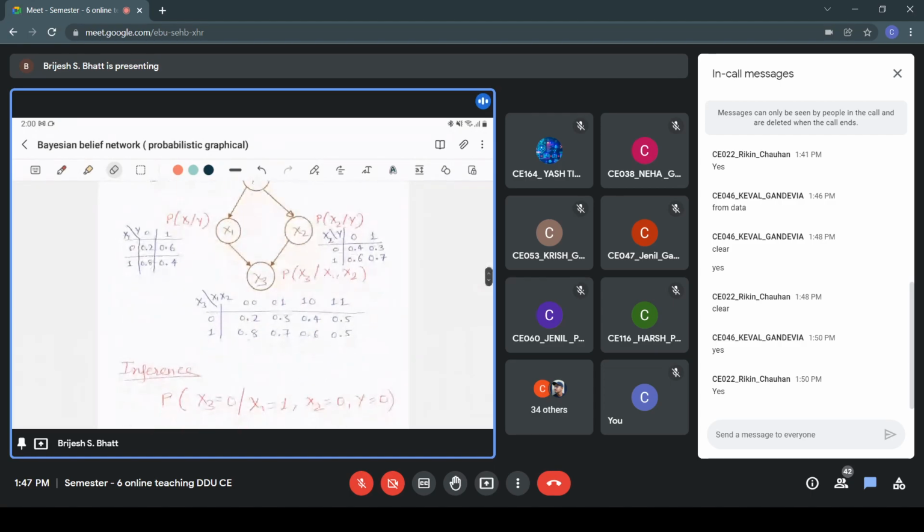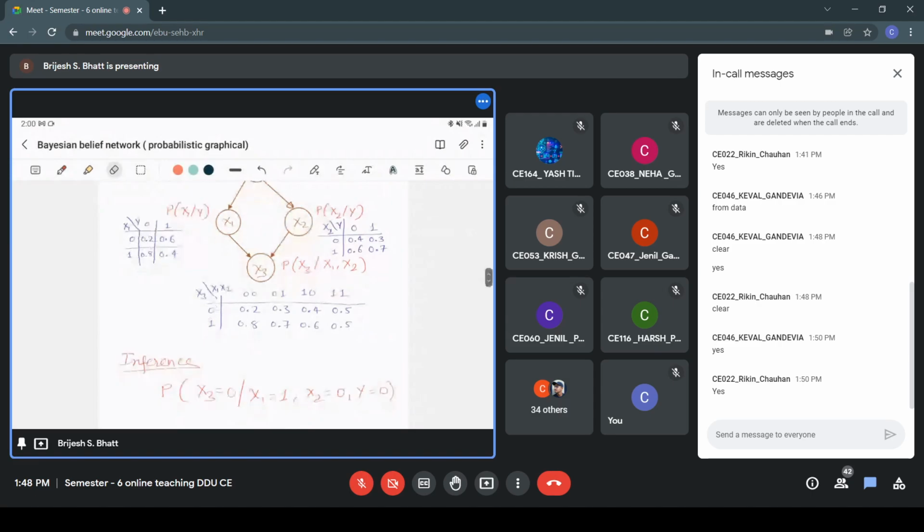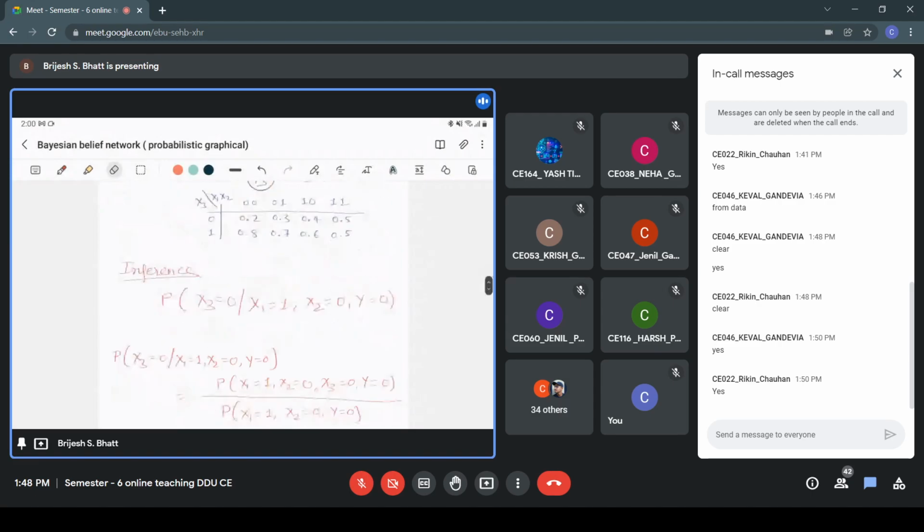Now the question can be something like this: what is the probability of x3 equal to 0 given x1 equal to 0, x2 equal to 0, and y equal to 0? How do we answer this question? We apply the rule of joint probability.